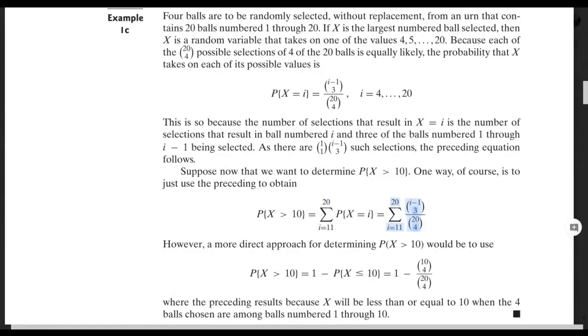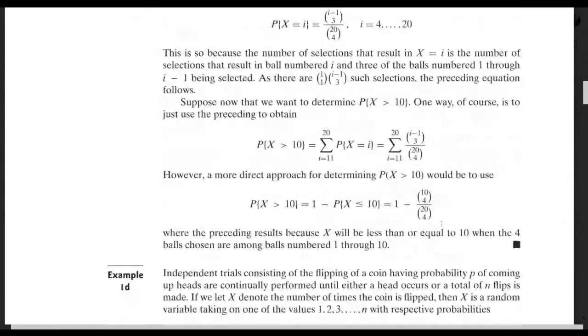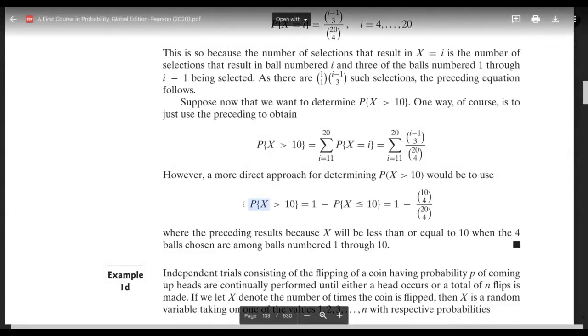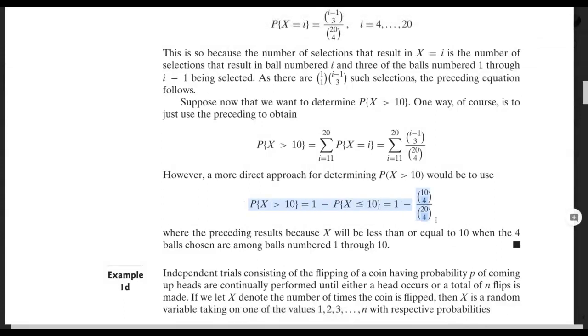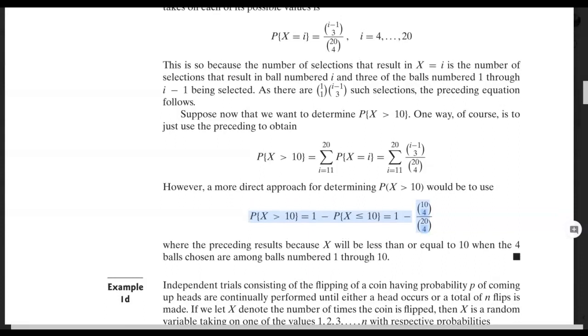However, a more direct approach is this: the probability of X greater than 10 is 1 minus the probability of X less than or equal to 10, which equals 1 minus 10 choose 4 divided by 20 choose 4. This is a much neater way, where the preceding result holds because X will be less than or equal to 10 when the 4 balls chosen are among balls numbered 1 through 10.